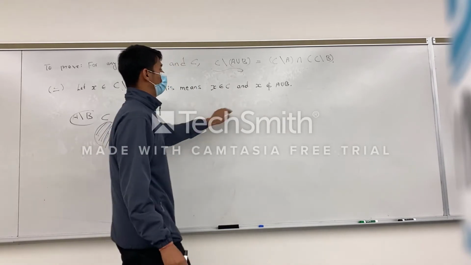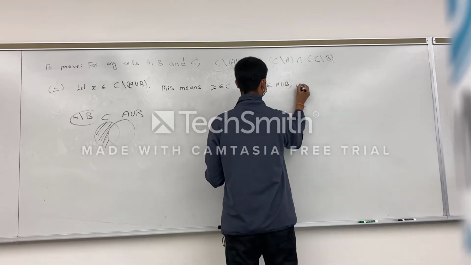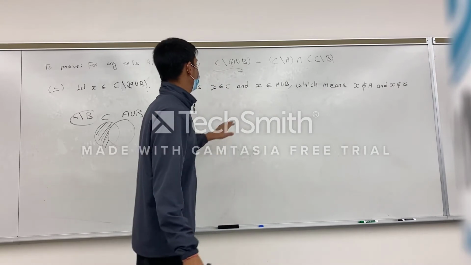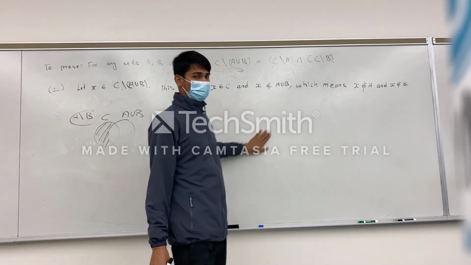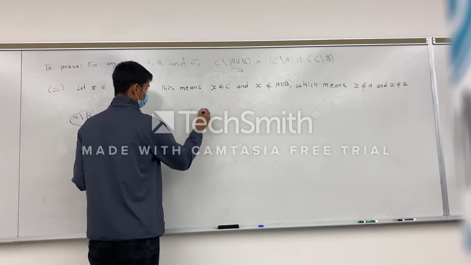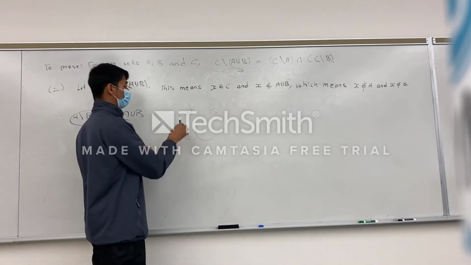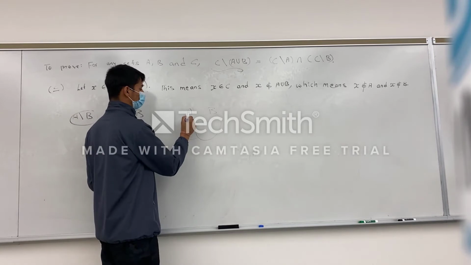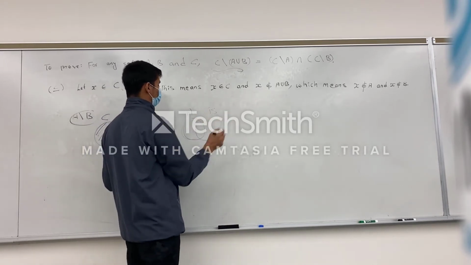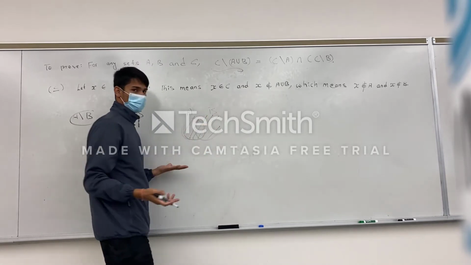Now let's try to understand what this second part means. What does it mean when we say X does not belong to A union B? We describe A union B as a set that contains every element that is in A or that is in B. If these two are the sets A and B, then A union B means everything that is either in A or in B, or both.